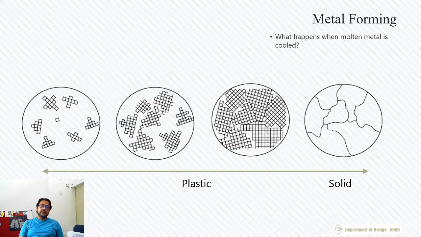So this chart that you see over here is a graphical representation of what we discussed earlier, of what happens at a micro scale when metal cools down from a liquid state to a solid state.